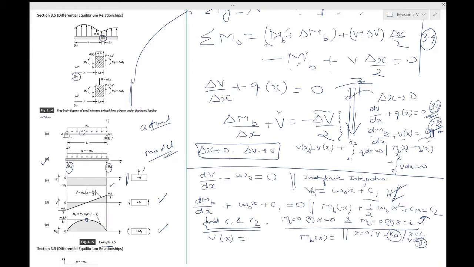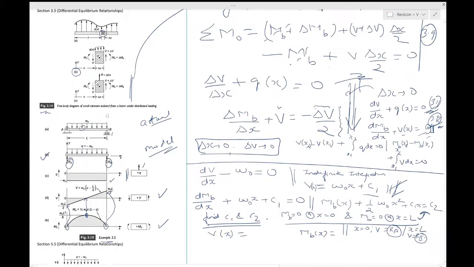One of the other important parts is that the bending moment is maximum when the shear force is minimum, which is 0, and the bending moment is minimum when the shear force is maximum. This is something you should note over here.